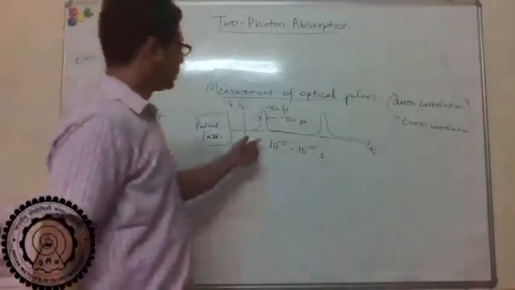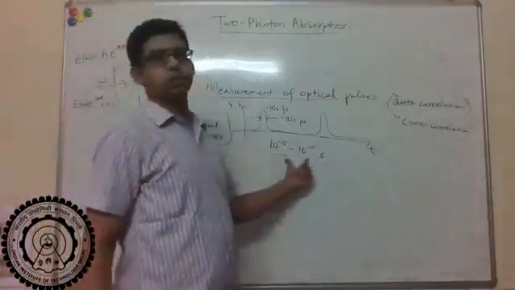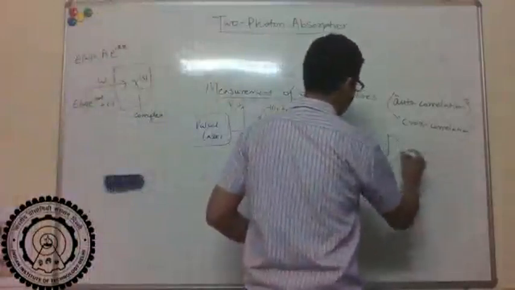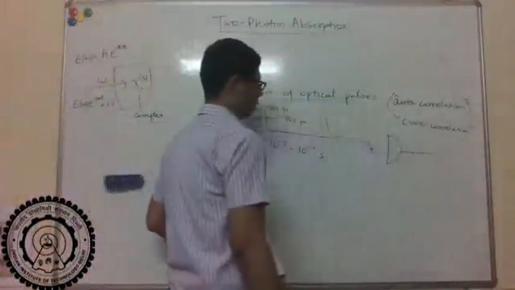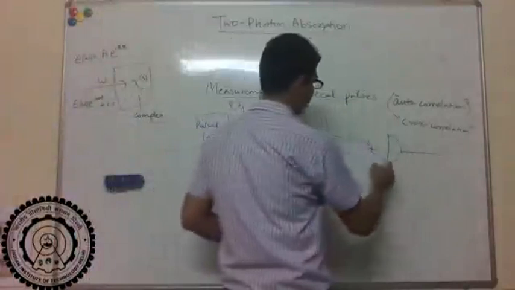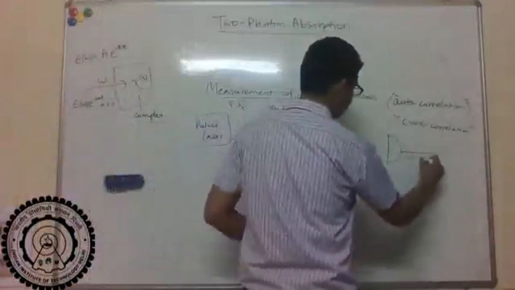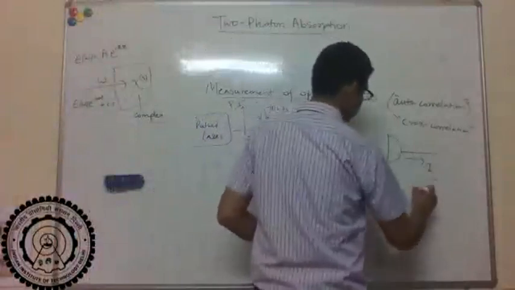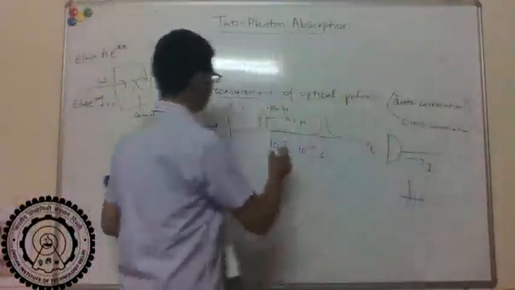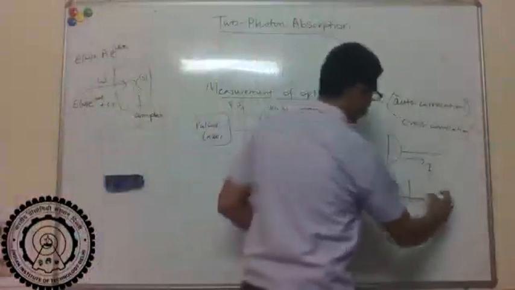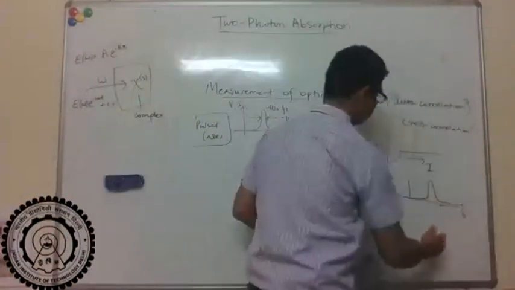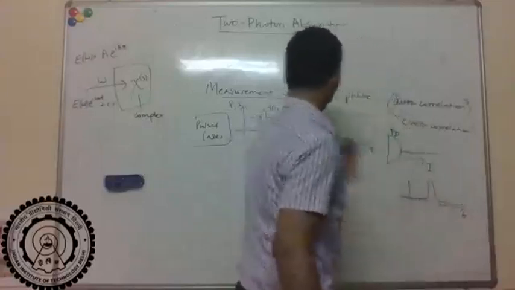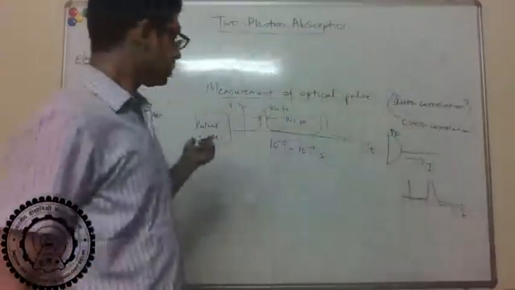So the point is that it's very difficult to measure this directly. If I take this laser and just put it onto a photodetector, the photodetector is not fast enough, so I'll get an electric current out here. Ideally, my optical power varies like this, my electric current should also vary like this, and by measuring my electric current I should be able to say what my pulse was.